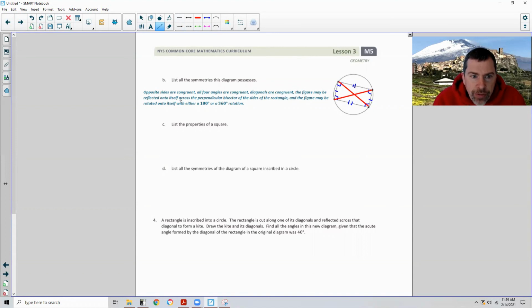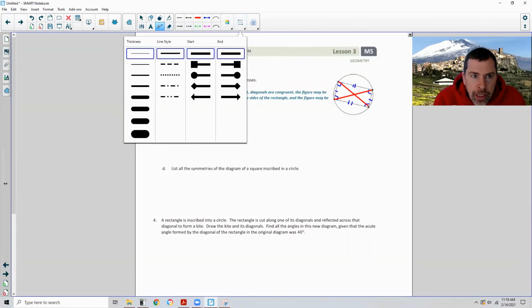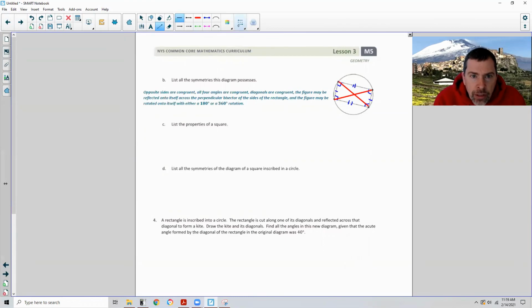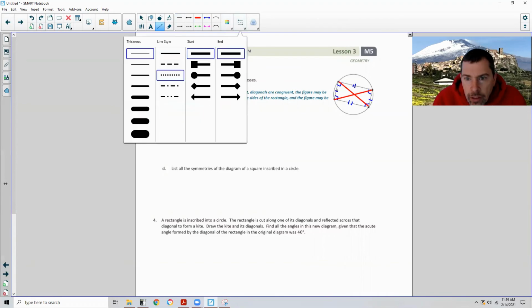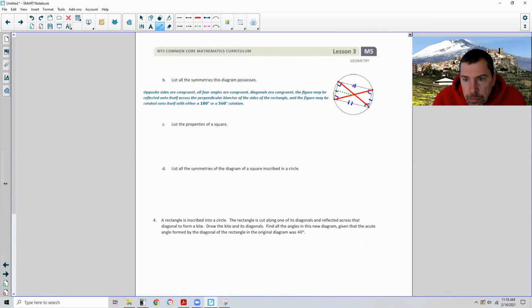The figure may be reflected onto itself across the perpendicular bisector of the sides of the rectangle. So in other words, what would a perpendicular bisector look like in this situation? Let's do green and dashed. This would be a perpendicular bisector roughly from the short sides.